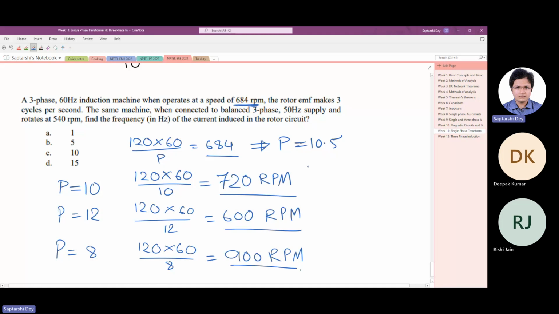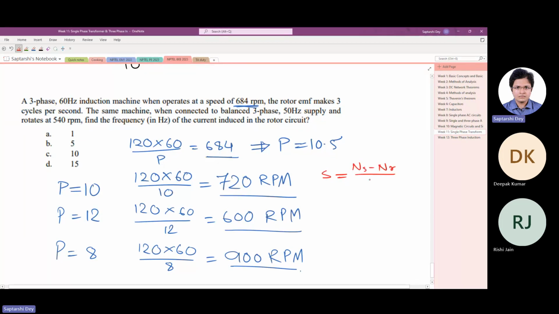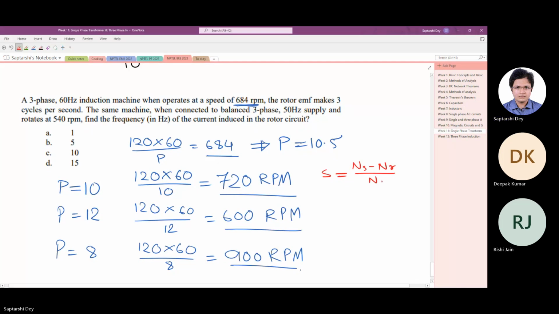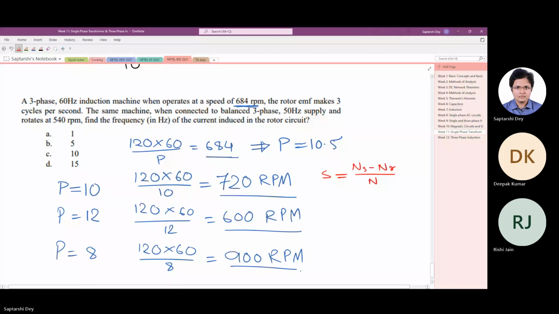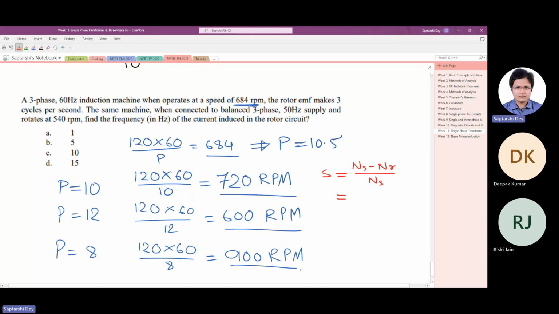But if you find out the slip here, slip which is given by synchronous speed minus rotor speed by synchronous speed, the slip here comes out to be 5%.